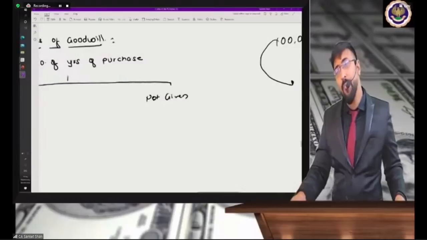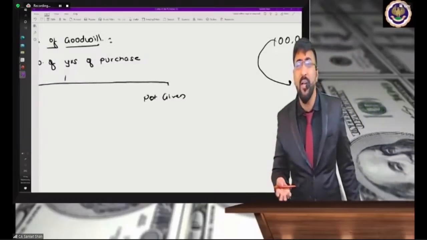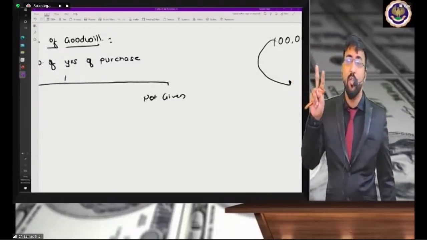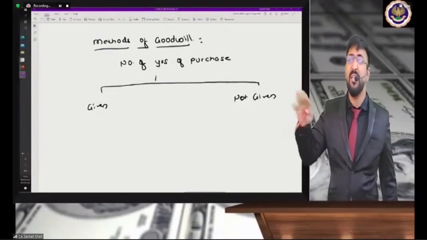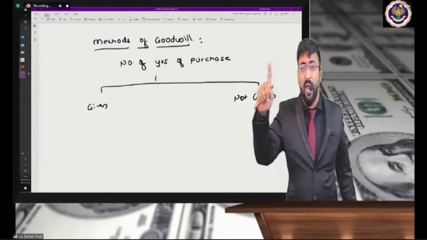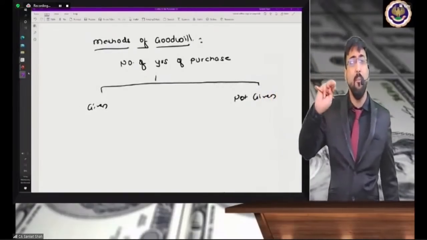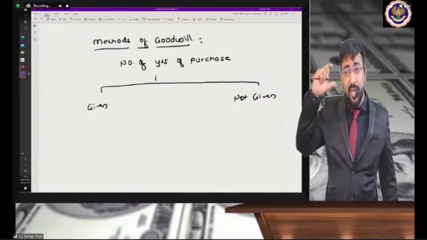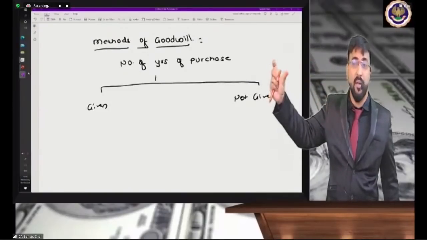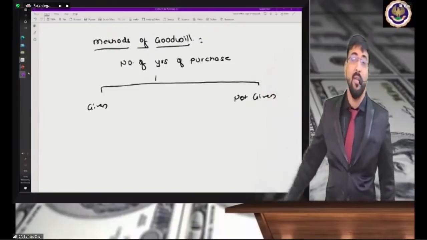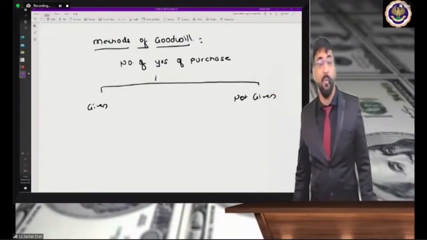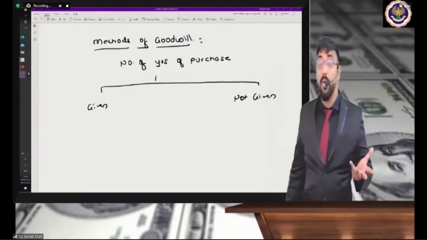So number of years of purchase you can calculate in very simple way. So what are number of years of purchase? मतलब without struggling जितने साल directly you will get, this is view number 1, and view number 2 is that the number of years of purchase means your name only will give you some earnings for next 4 years, 5 years. This is called as number of years of purchase. Suppose you are aware about number of years of purchase.